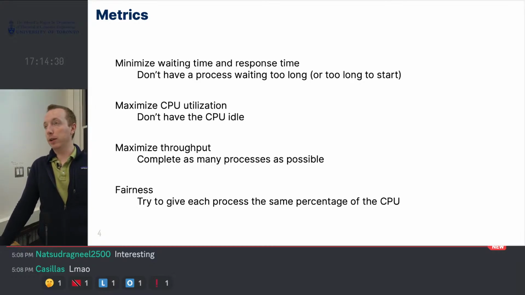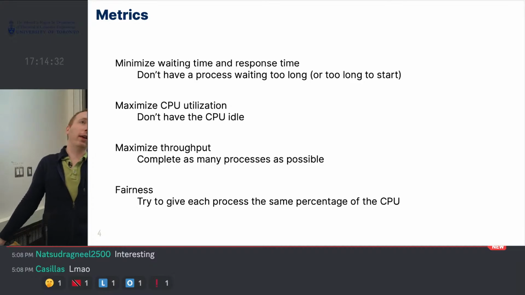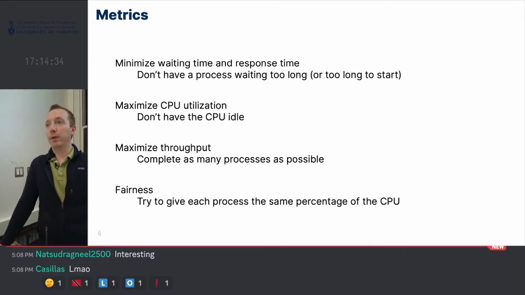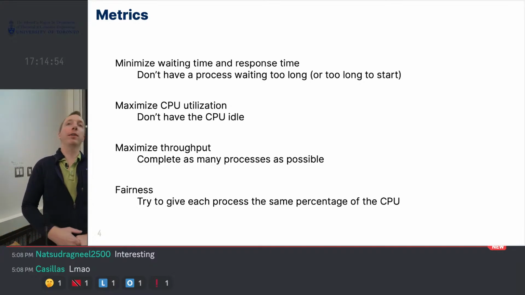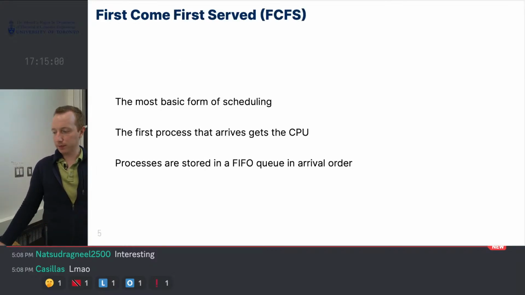You don't want a CPU idle, especially if you have multiple cores on your machine. Another is throughput, which is running as many processes as possible and ending them. The last one is fairness, which is kind of at odds with all the other ones. You want to give each process the same percentage of the CPU and essentially treat them all fairly.